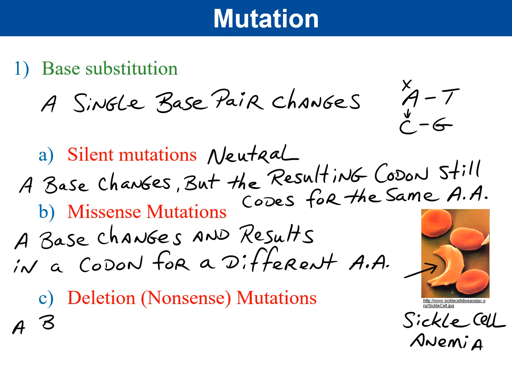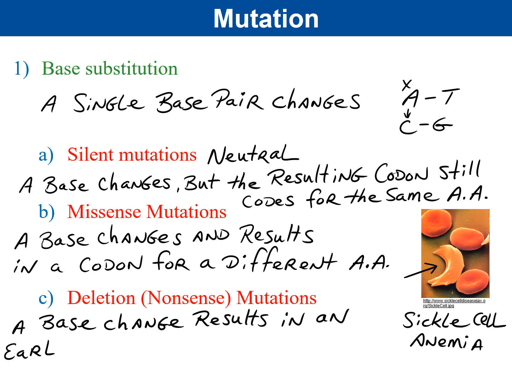So a base change results in an early or random stop codon. And this results in a protein fragment. A protein fragment then is truncated or not full length.